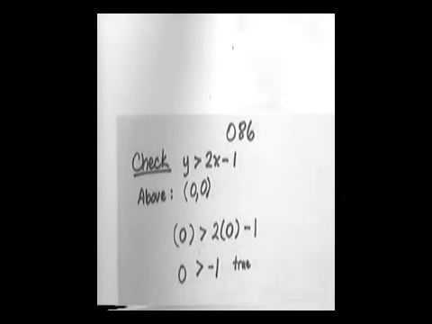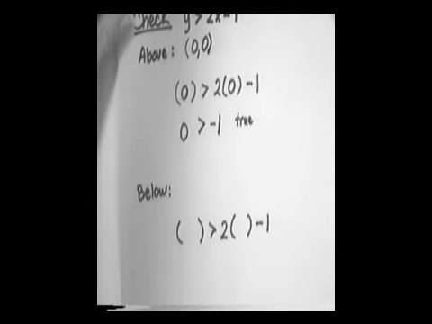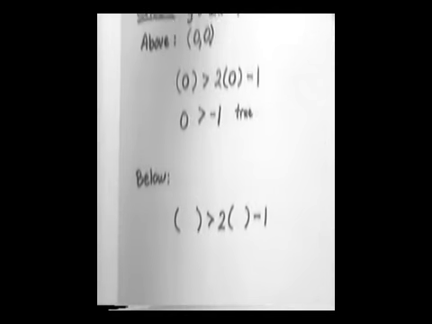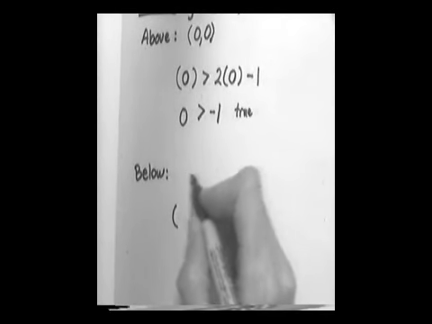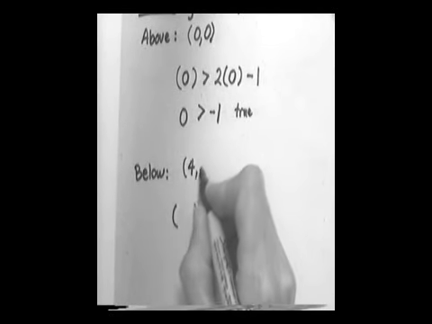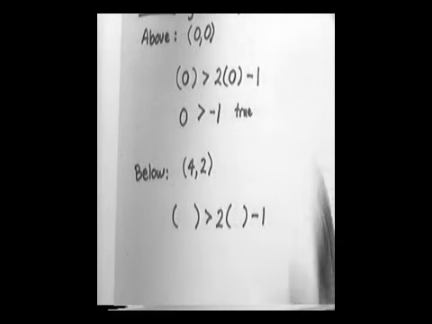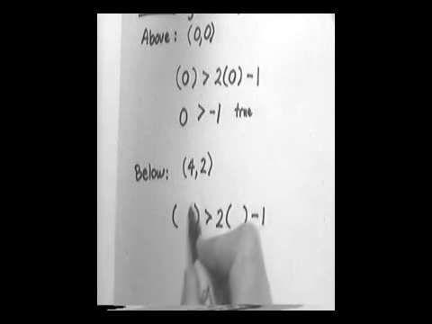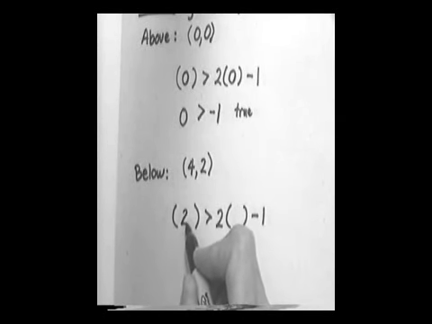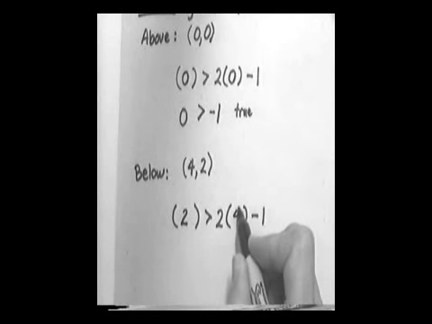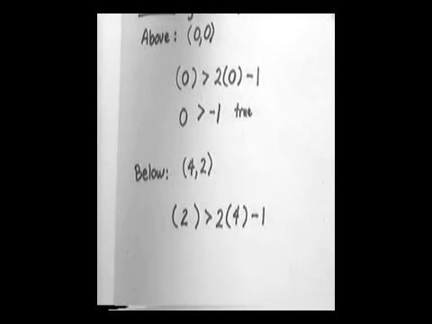So let's go back to our page where we're working on the check. Below, we'll use 4, 2. And we're testing y is greater than 2 times x subtract 1. The y value is 2. The x value is 4. And so we have 2 is greater than 2 times 4 subtract 1.